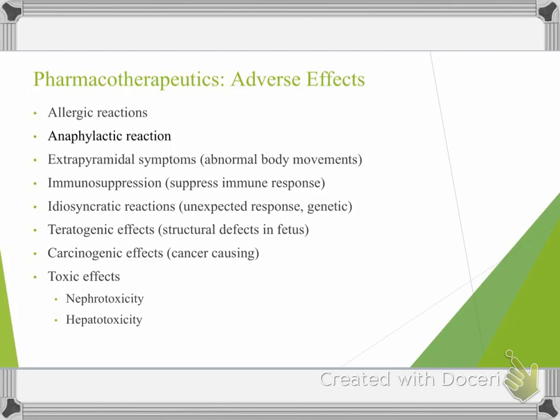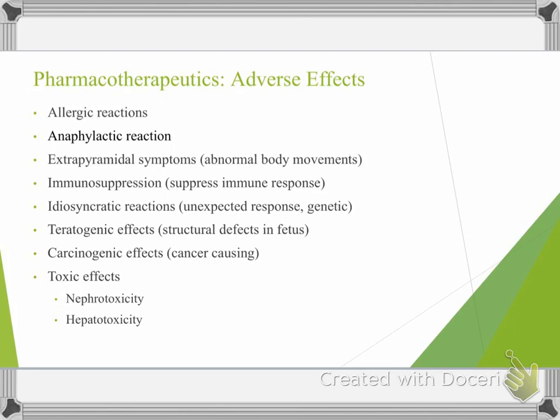Idiosyncratic reactions. These are unexpected responses. There tends to be a genetic tendency. This would be like, okay, expect Benadryl to make a kid really sleepy and it ends up making them hyper. That would be an idiosyncratic reaction, just something we totally don't expect. Teratogenic effects. These mean it causes structural defects in the fetus. The fetus is most vulnerable 3 weeks to 3 months.